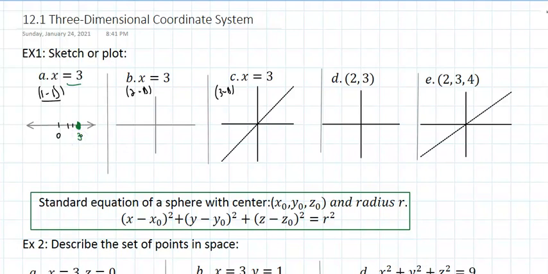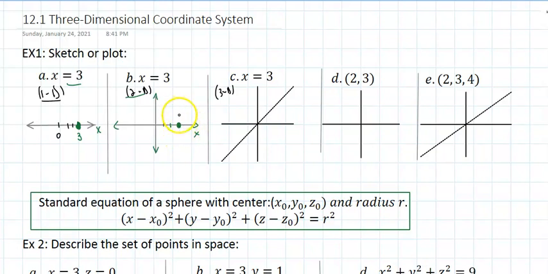Two dimensions. If I'm talking about x equals 3, there is the x-axis. I would move identically to what I just did, 1, 2, 3, and I'll mark that point, except now you have this y that they never mentioned. Well, if x equals 3, this point is actually 3, 0.